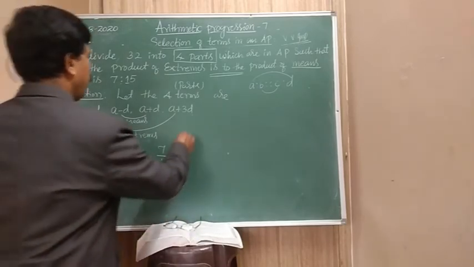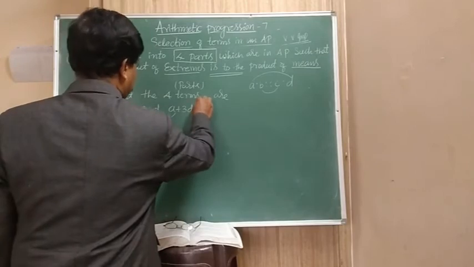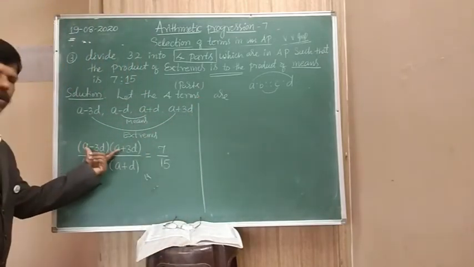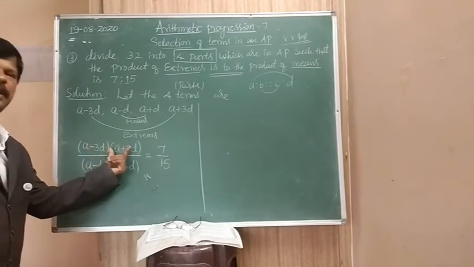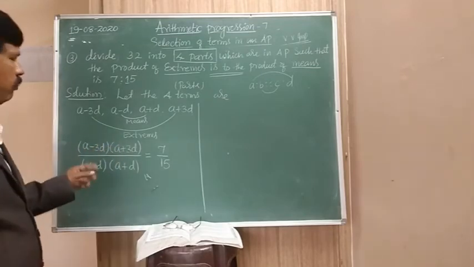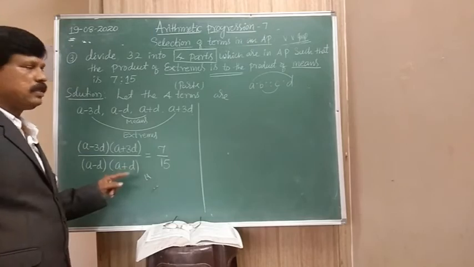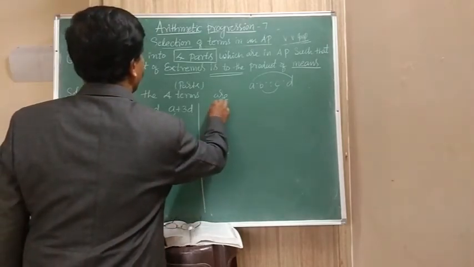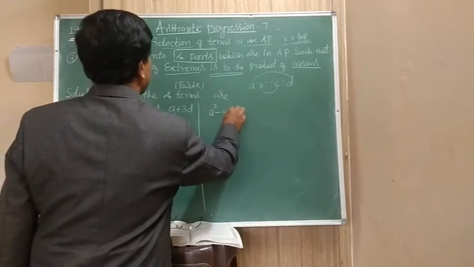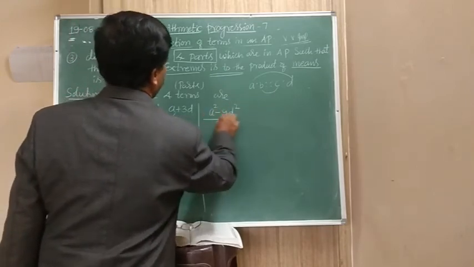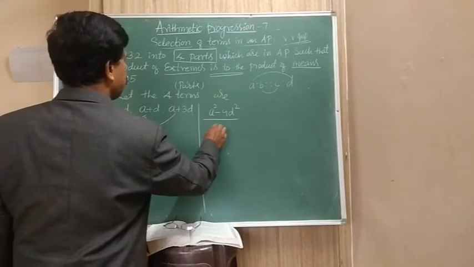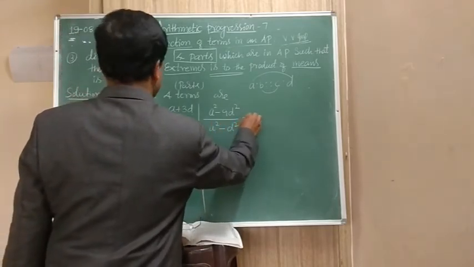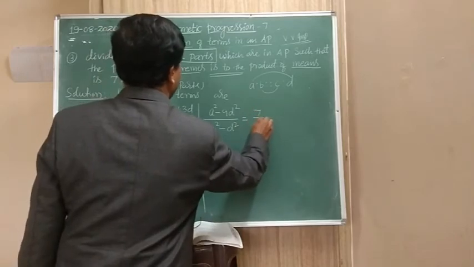Clear? Now next, these two, a minus 3d into a plus 3d, are in the form of a square minus b square. So what we can write is a square minus 9d square, whole divided by a square minus d square, equal to 7 by 15.